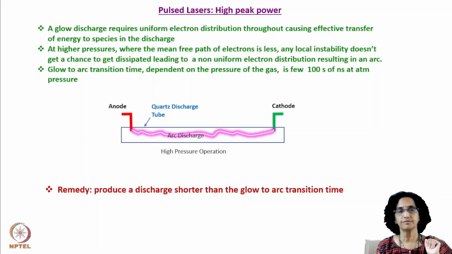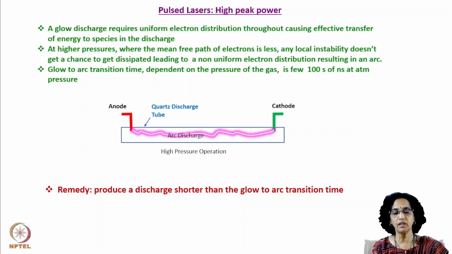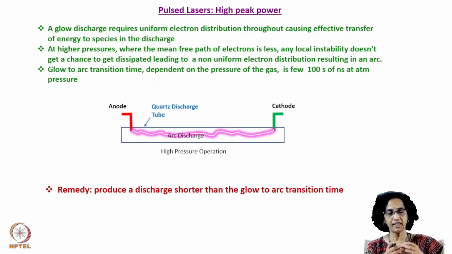So far, we have only seen how to increase the laser output power in CW condition, and we have seen that we can increase it by increasing the gain medium. We are increasing the length of the cavity.